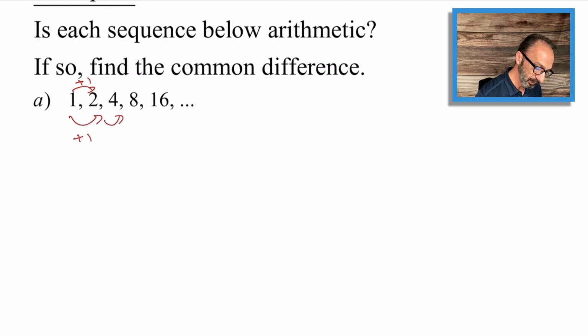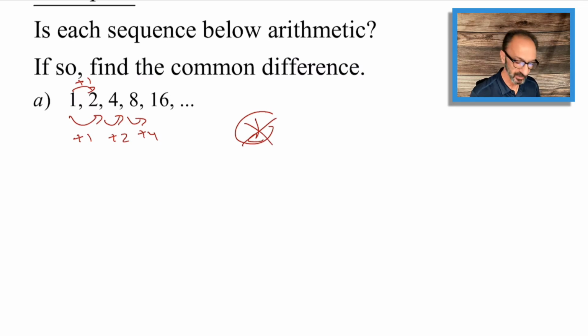From 2 to 4, we are adding 2. From 4 to 8, we are adding 4. It's not fixed, it's not constant. So D is not available as a fixed difference. So the answer to this one is no.